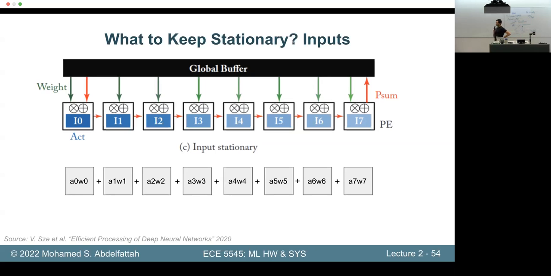And in what case would I like to have input stationary versus weight stationary? So that's one question. For example, in the case of convolutions, if people can type in the chat, which is better to have stationary, the inputs or the weights?